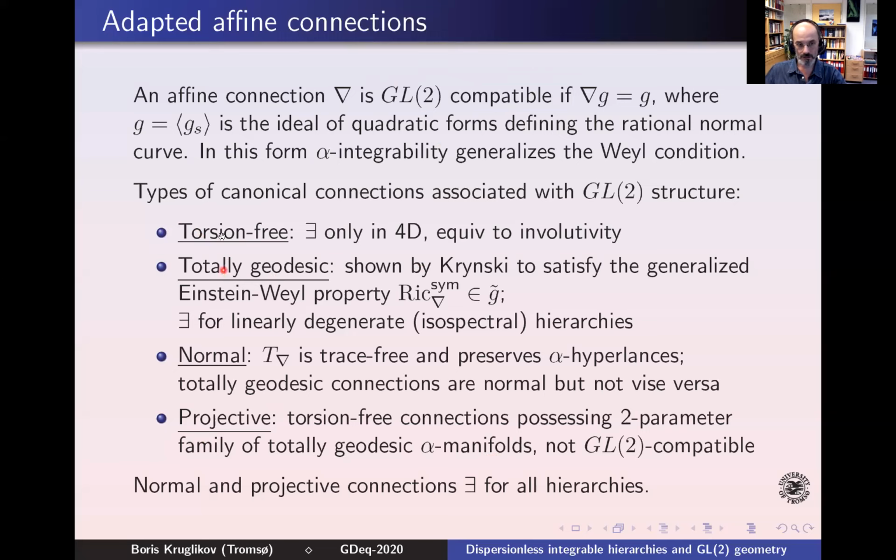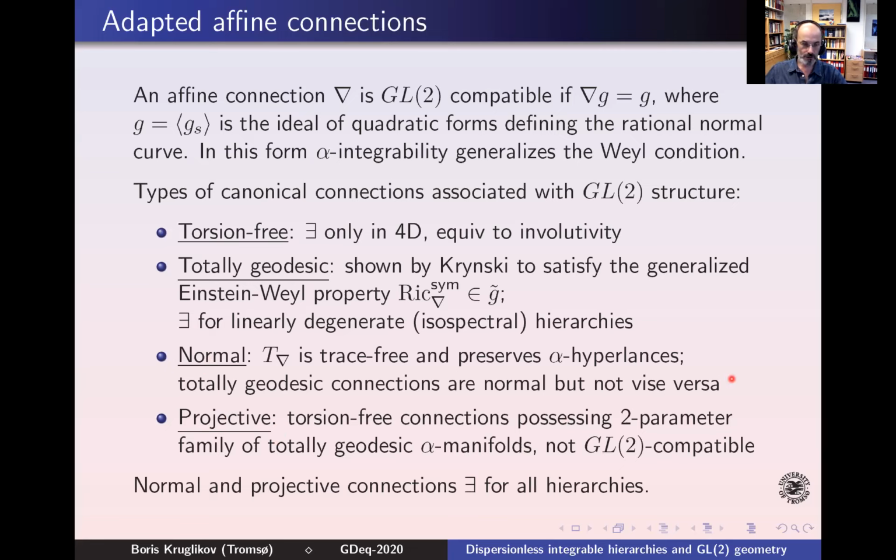If we take only these two requirements, such connections exist, but they are non-unique. The difference between possible connections is just a projective transformation. For such a connection, geodesics are defined, but as unparameterized curves. That's called a projective structure or projective connection. Normal and projective connections exist for all hierarchies, and we have been able to construct those for the examples which I indicated.